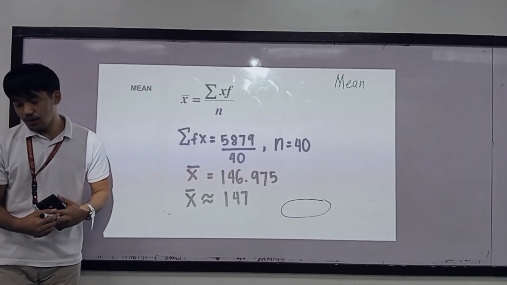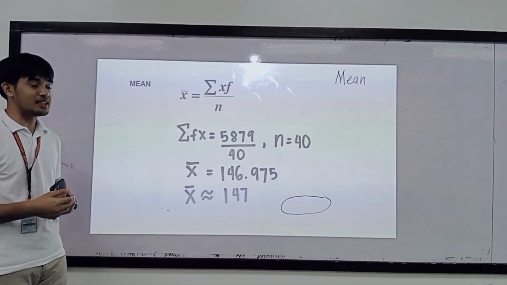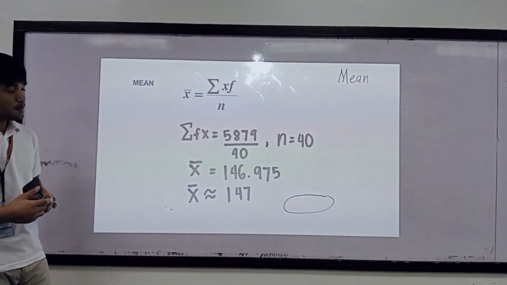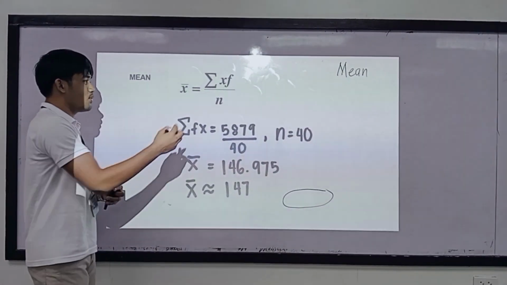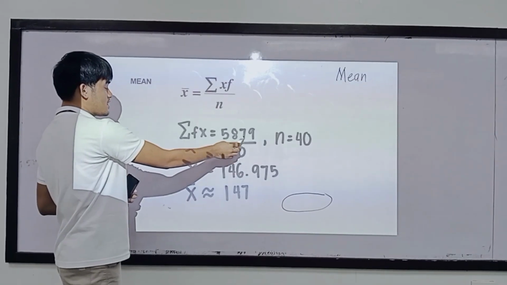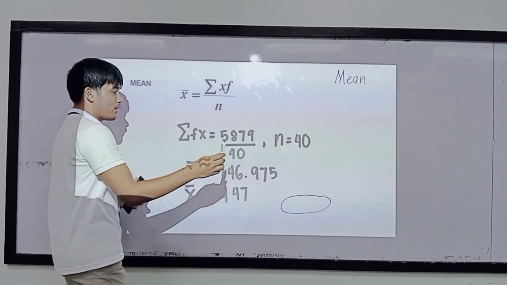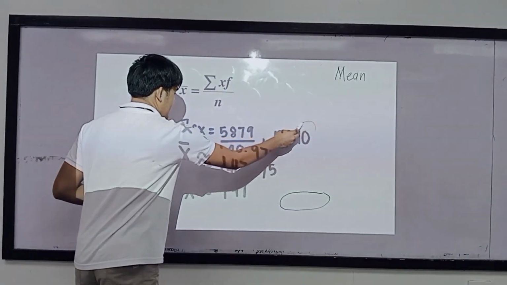Okay. So, since we already have the different data that we need, then we will just simply substitute it in our formula. So the total of F times X is 5,879, and our total frequency is 40.